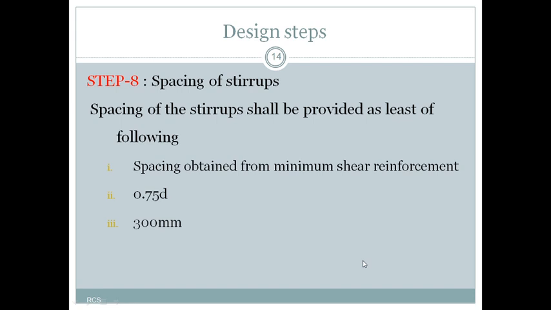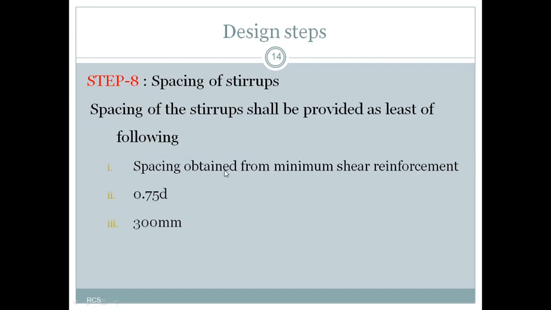Then the last step will be the spacing of stirrups. How much spacing do we have to give? The spacing can be calculated based on the following conditions. The first condition is the spacing obtained from the minimum shear reinforcement, when tau c is greater than tau v and we go for a design of minimum shear reinforcement.